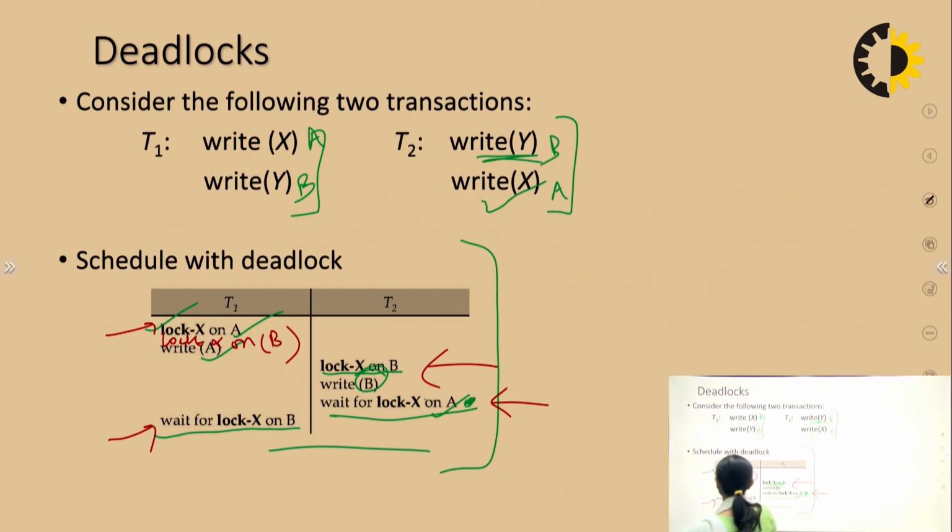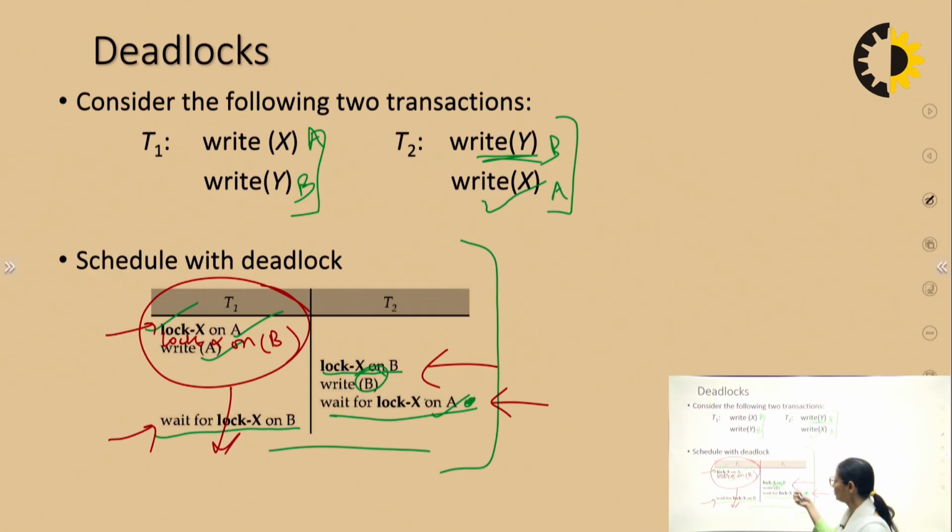So now transaction T1 has got both the locks, and in this case it will never go into the waiting state. Again T2 has the same scenario, so T2 also needs to acquire both the locks. It will give the permission first on lock X on B, then lock X on A. Now it will go into the waiting state.